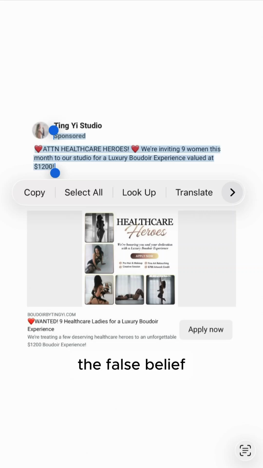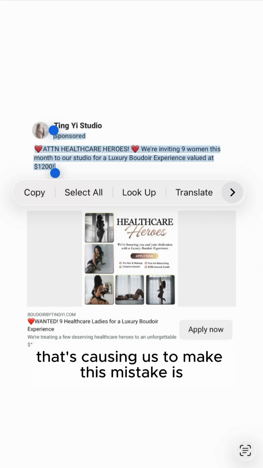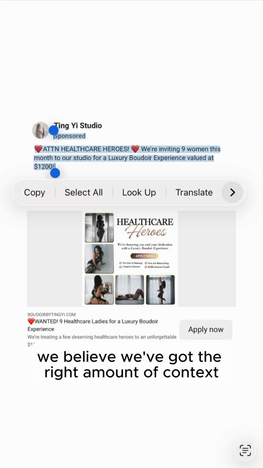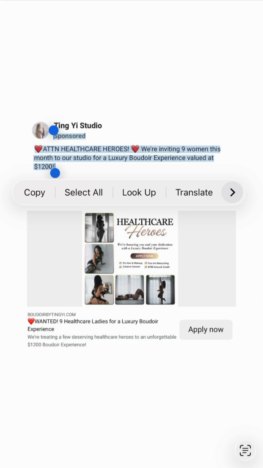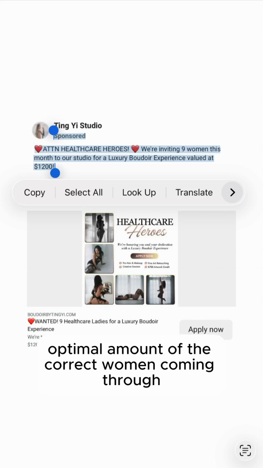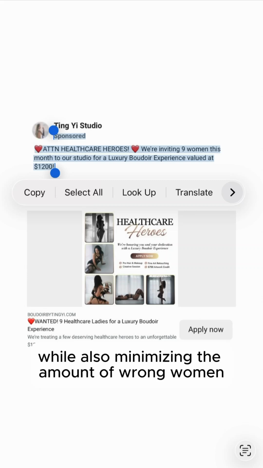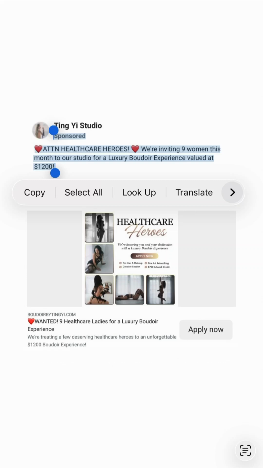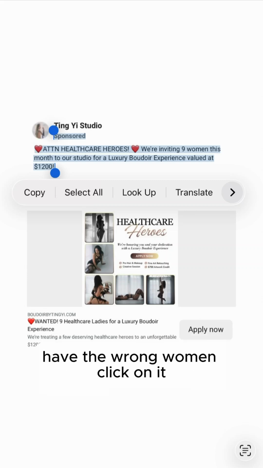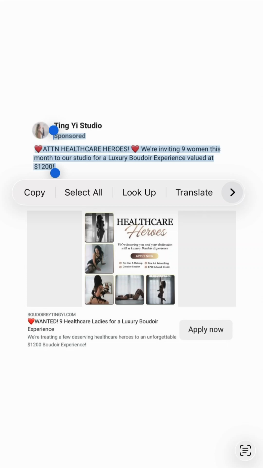The false belief that's causing us to make this mistake is, we believe we've got the right amount of context to actually have the optimal amount of the correct women coming through, pulling our unique CTRL above 6%, while also minimizing the amount of wrong women clicking somewhere on our ad, because we don't want to confuse the meta ad algorithm, have the wrong women click on it.